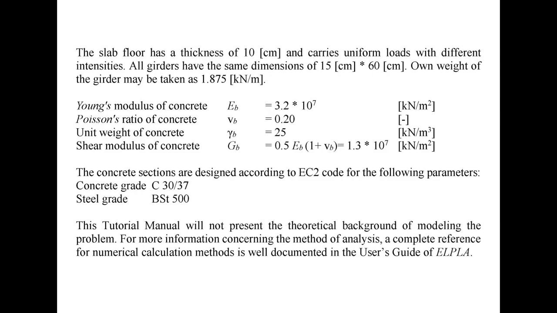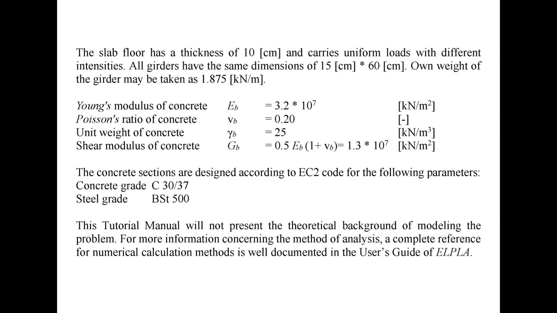All girders have the same dimension of 15 cm by 60 cm. Own weight of the girder may be taken as 1.875 kN per meter. Young's modulus of concrete is 3.2 by 10 power 7 kN per meter square.